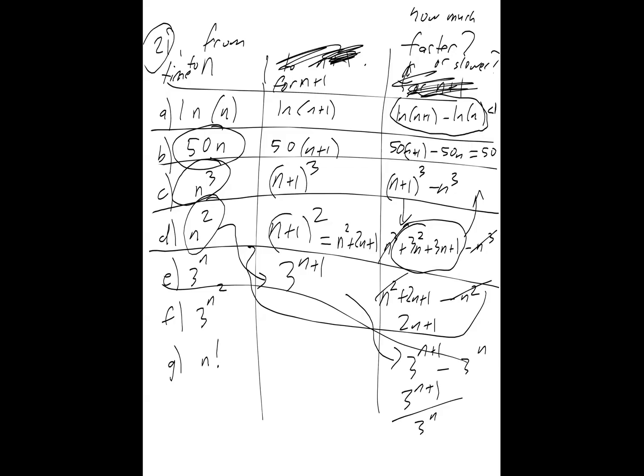So what is 3 to the n plus 1 divided by 3 to the n? Well, the 3 to the n cancels the nth power of 3, right? And then we're left with 3 to the 1st power. What's 3 to the 1st power? 3. Now that 3 does not mean it takes 3 more seconds.